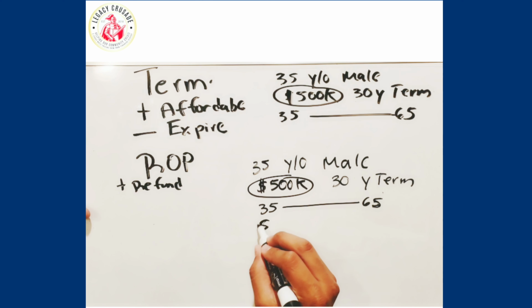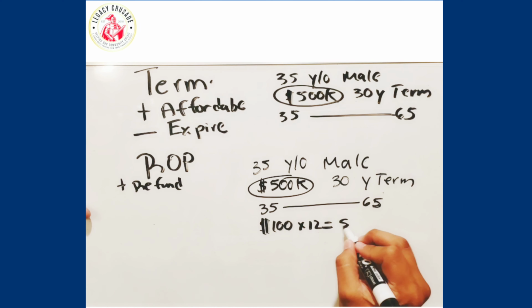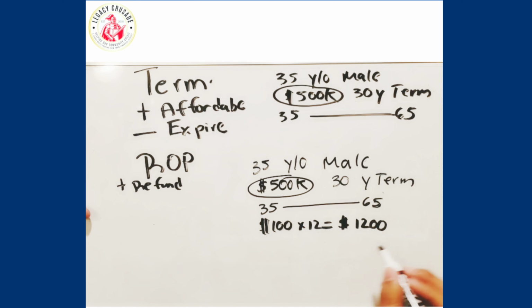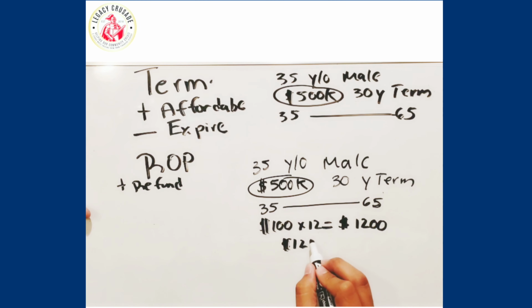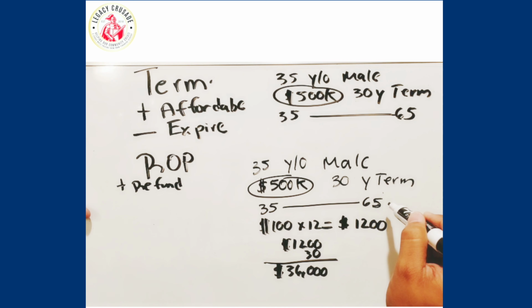So let's say that he was paying $100 a month. Every year, that would mean he was paying about $1,200. Over the course of 30 years, that $1,200 would have been $36,000. So if he passes away, his family gets $500,000. If he outlives the policy, he gets a refund of $36,000.